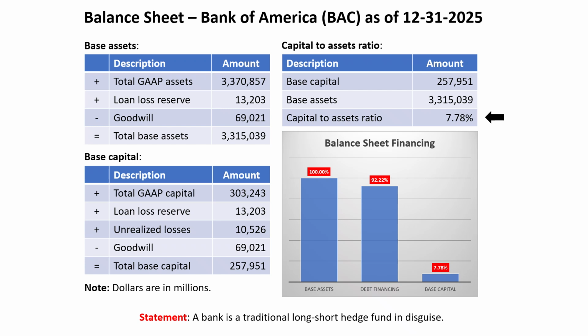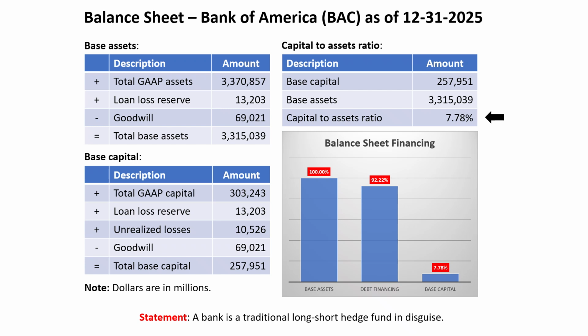Now, the statement below, a bank is a traditional long-short hedge fund in disguise. Well, that's what a hedge fund is. What does a hedge fund do? It basically goes long-short correlated assets. So if I have a hedge fund, let's say a tech hedge fund, and I want to make money investing in Intel, and I want to make money investing in, say, AMD.